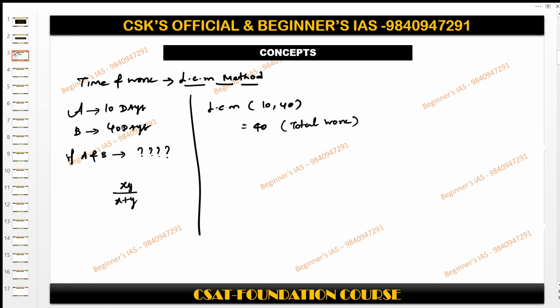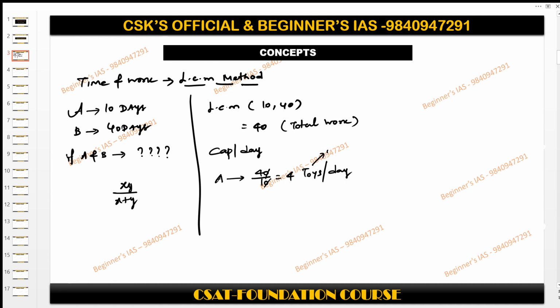After knowing that, just find out the capacity per day of A. How to find this: the LCM is the total work, divided by the total number of days taken by A. So 40 by 10, cancel this. Therefore A has the capacity of making 4 toys per day. You can take toys, chairs, whatever.